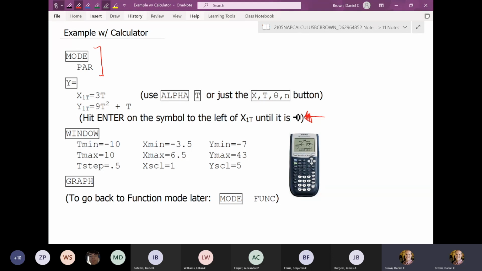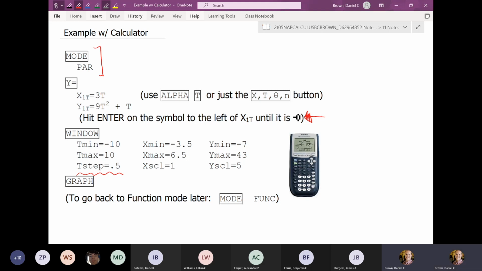That's only because the direction is important, so it's nice to have a little ball tracing so you can easily see the direction. The other thing to remind ourselves about is the t-step. That tells the calculator how often to plug in a t-value. The smaller that t-step, the slower it's going to graph, which can help if it goes too fast. It can help you see the direction.